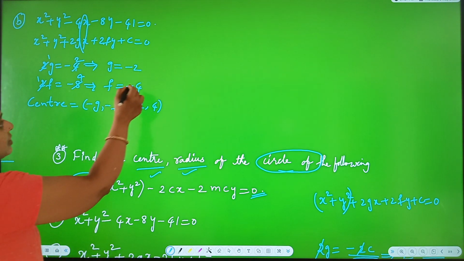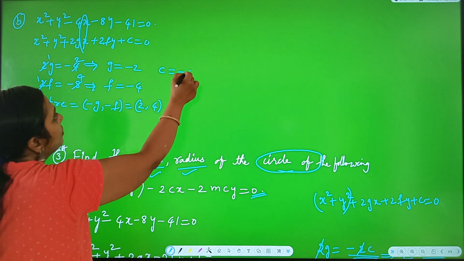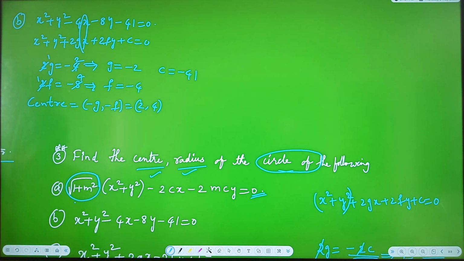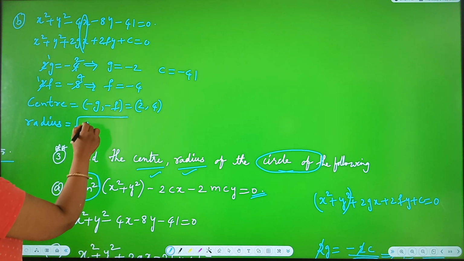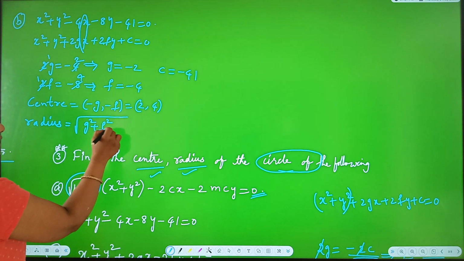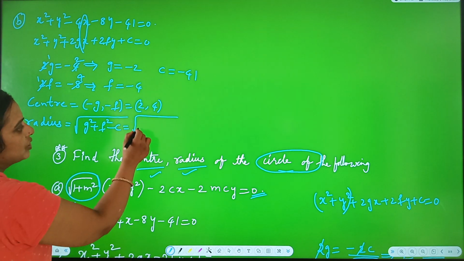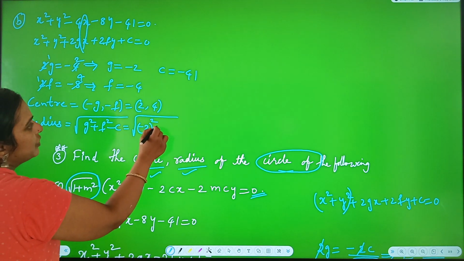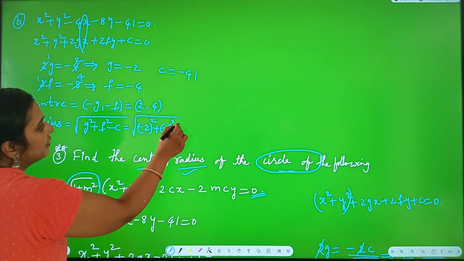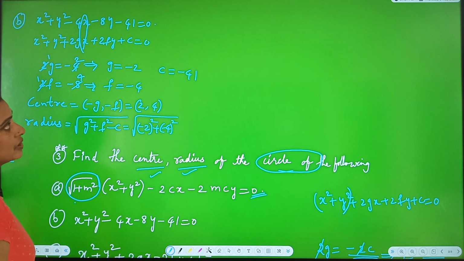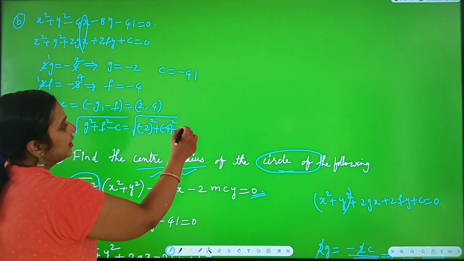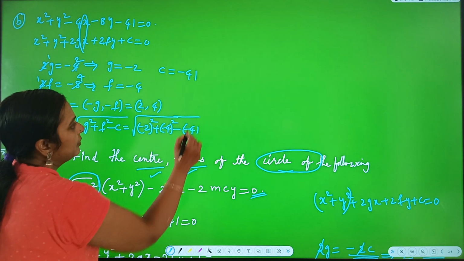Okay. Here what is the constant? C is equal to minus 41. So what is the radius formula? Radius is equal to under root of g square plus f square minus c. Under root of g square is minus 2 whole square, f square is minus 4 whole square, minus c is plus 41.